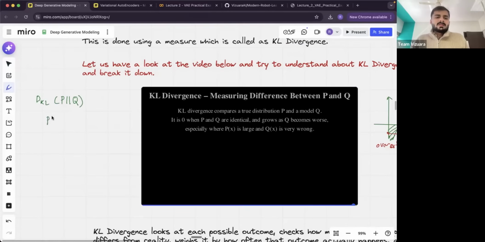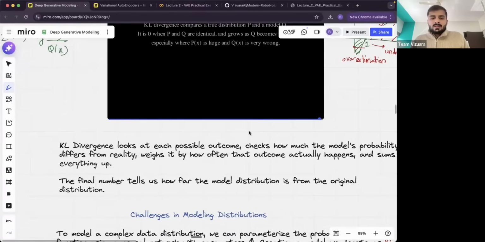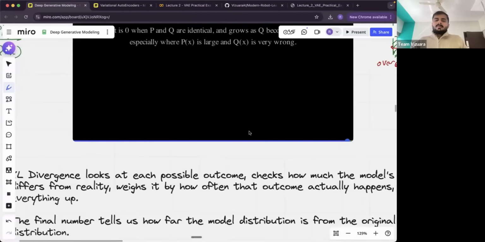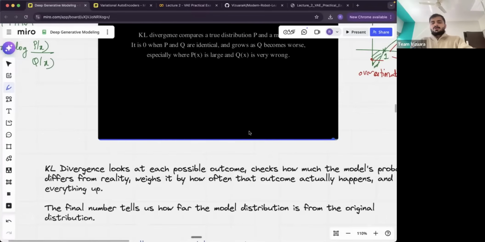And the formula for this is P of x into log of P of x divided by Q of x. So the final number tells us how far the model distribution is from the original distribution. We are going to use the KL divergence at some point, but right now let's just keep it at the back of our mind before we move ahead.